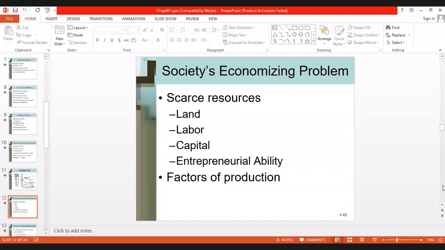Labor is all human resources, physical strength and mental talent. All of that we call labor. What we normally call labor, and also a surgeon or a professor, are all labor. Capital means any man-made commodity.